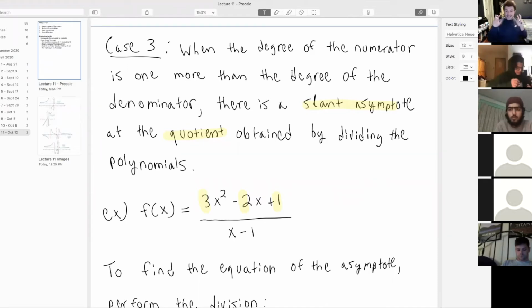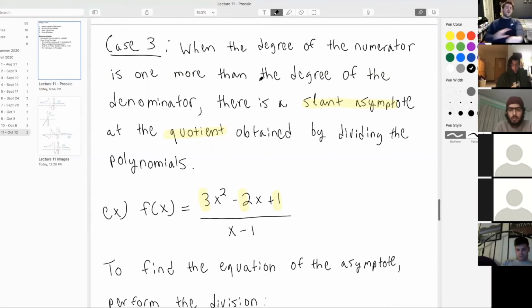That will be your asymptote, but a quadratic function is not a line, so that technically does not satisfy the definition of an asymptote. That's the reasoning why we just consider 1 degree higher in the numerator. Because if the numerator is 1 degree higher than the denominator, your quotient will always be a linear function. It will be a line.